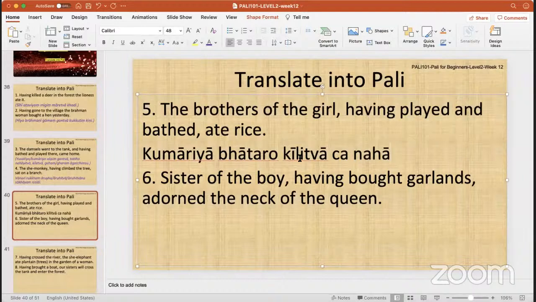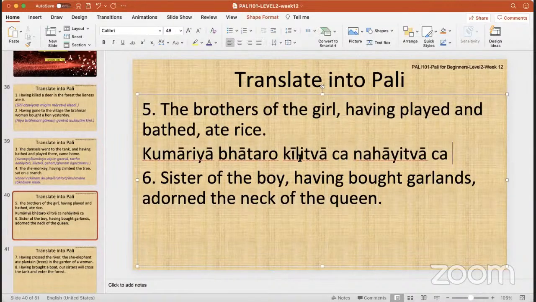Bante, can I write down Bhataro before Kumariya? You cannot. You have to say Kumariya Bhataro, because Kumariya is the adjective.